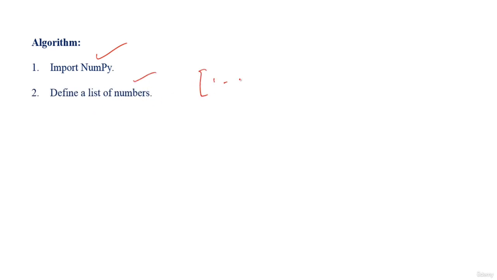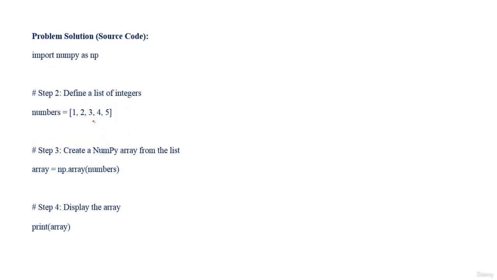For example, this is the structure: convert the list to a NumPy array, print the array. So first of all importing NumPy, creating a Python list, and then converting your list into an array and showing the result.